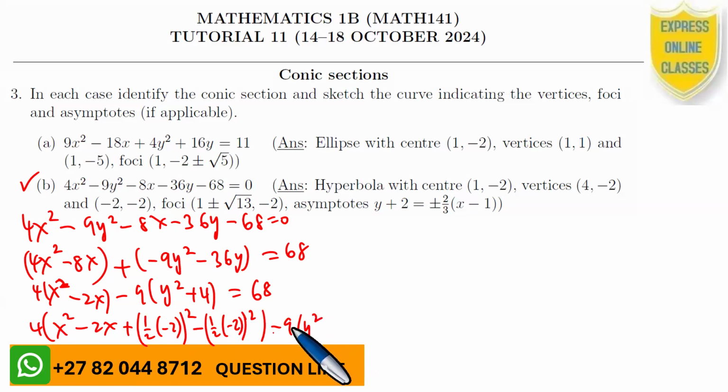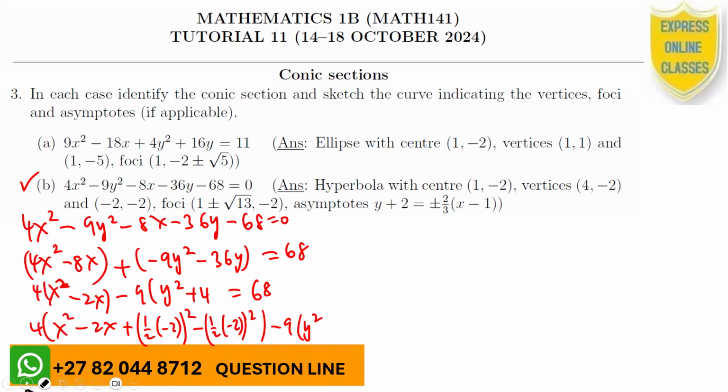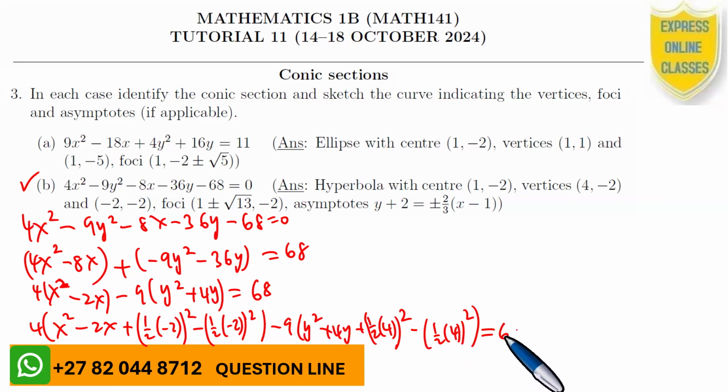For the y part, there's a 4y here, so this one becomes plus 4y, plus half of 4, completing the square, minus the same thing, which is equal to 68.